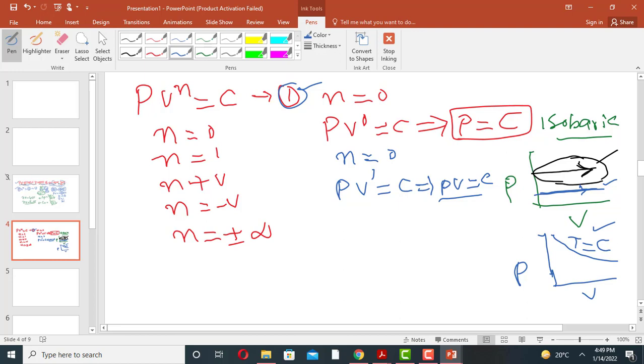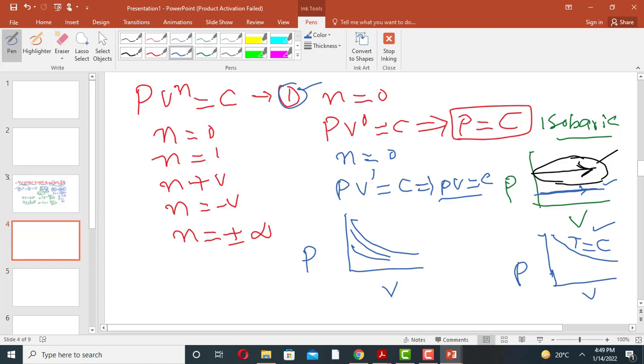Now similarly, when the n value is greater than 1 or less than 1, then it will be called a polytropic process. For example, this is the PV graph. These are the polytropic processes.